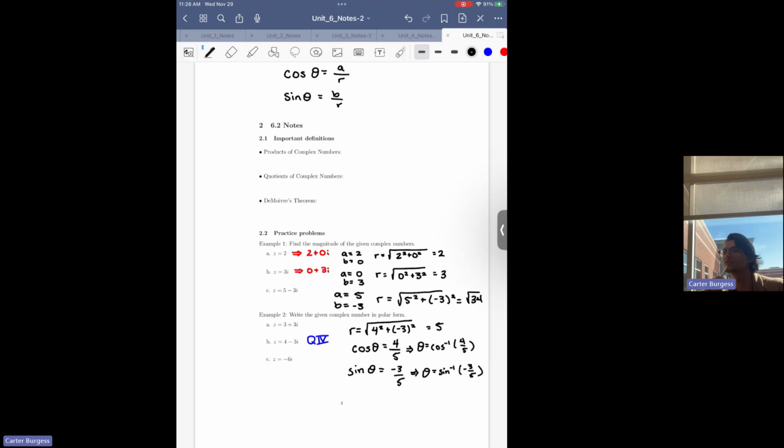Where does sine inverse spit us out? What two quadrants? 1 and 4. Cosine inverse spits us out in 1 and 2. And so my first statement here is a quadrant 1 angle, and my second statement here is a quadrant 4 angle.